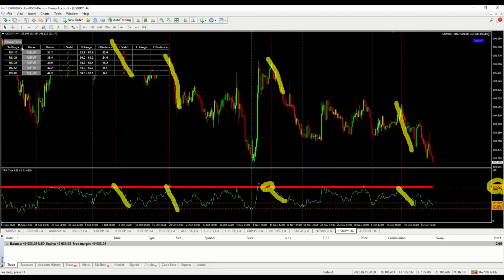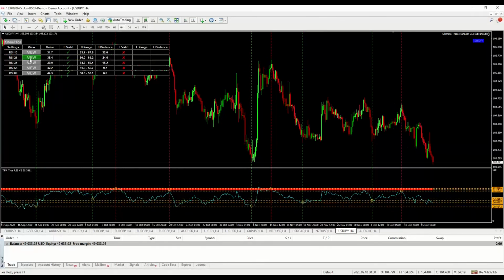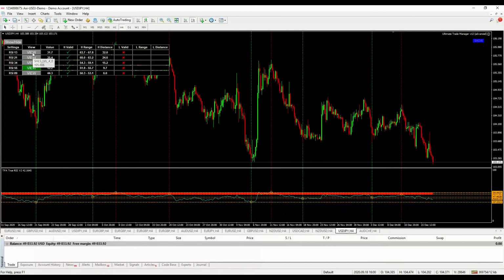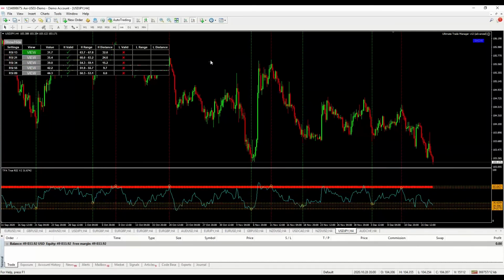You can use it across many different currencies and instruments, and you can look at it in many different ways. I can use RSI 21, I can use RSI 55, which is smaller and harder to see. RSI 13 is easier to see. It tells you what the key levels to look at are.